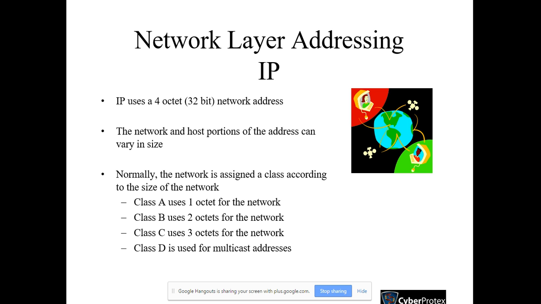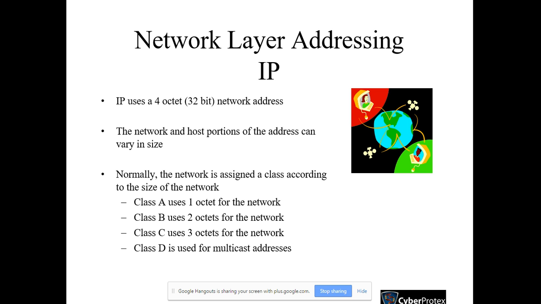So if you're confused, then that's okay, because we're going to go ahead and break it down a little bit for you here. In Class A, it uses the first octet for the network, the last 3 octets are the host ID. The default subnet mask for a Class A address is 255.0.0.0.